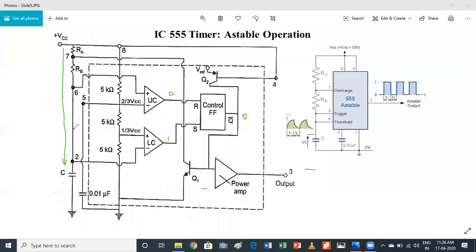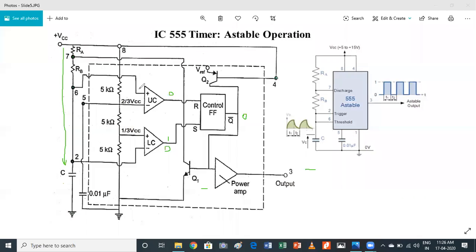So now the voltage is going to increase. When this input reaches greater than 1/3 VCC, then this lower comparator becomes 0, and it keeps on increasing.